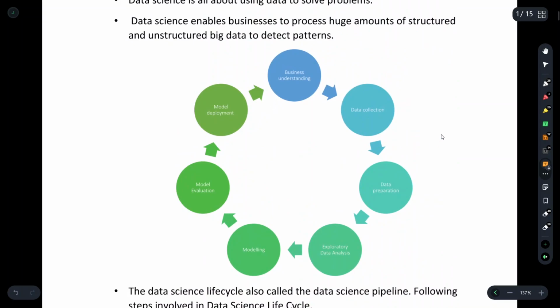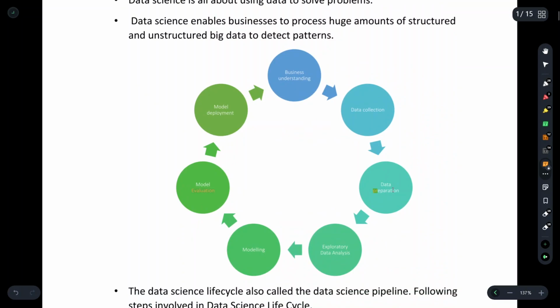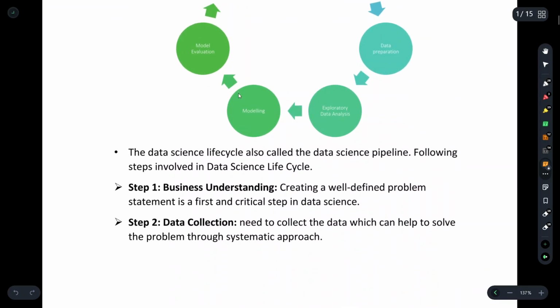We need to remember all these things: business understanding, data collection, data preparation, exploratory data analysis, modeling, model evaluation, model deployment. This is something which we saw in computer organization. The same thing is there over here. I will discuss each and everything now.